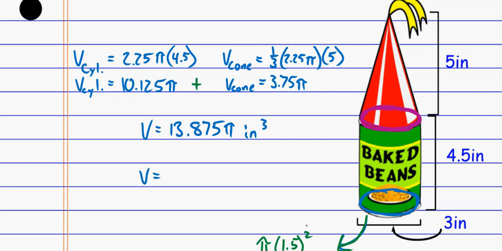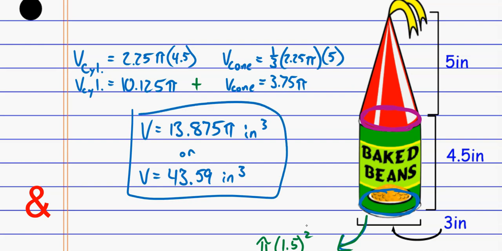And then the rounded off value, if I plug this into my calculator, looks like 43.59 cubic inches. Okay, so again, it really depends on the context of the problem. It made sense to leave these in terms of pi until I got to the end. But then the final answer, this is probably the one that I really am concerned about.